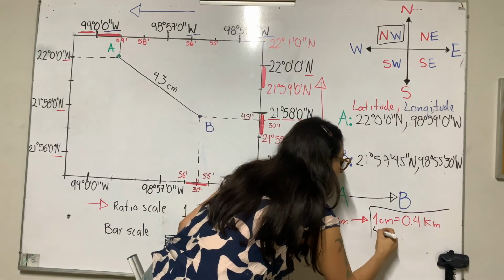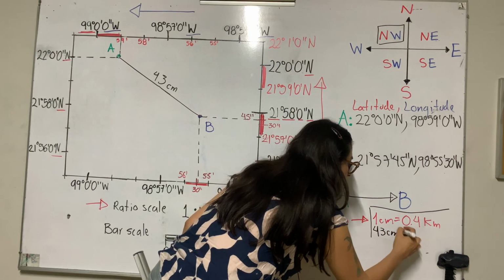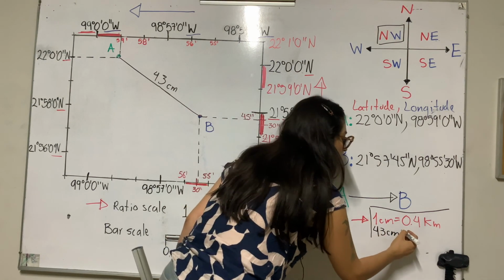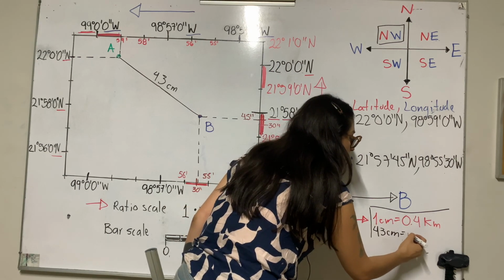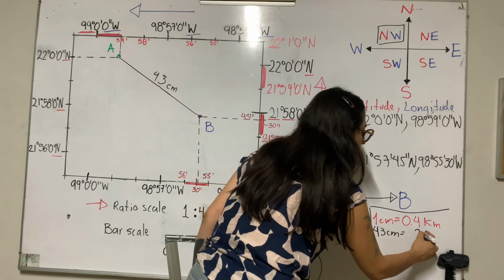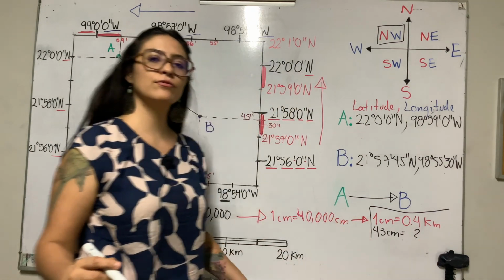So if I have 43 centimeters and I multiply it by kilometers and divide, using the rule of 3, I have an answer, right?